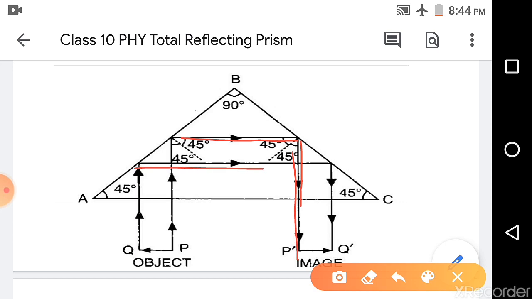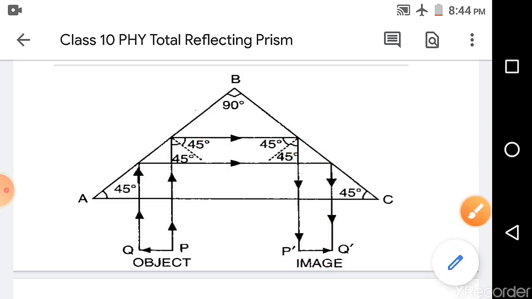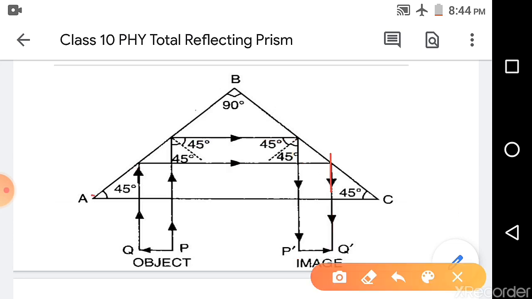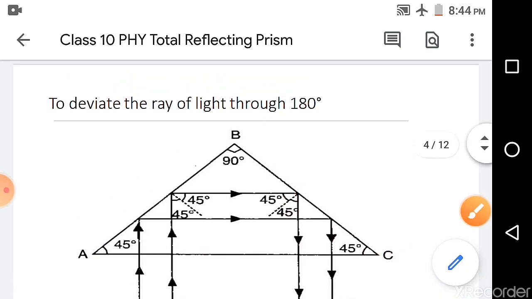The same thing happens for this reflected ray also. It is reflected toward this, and it is incident normally on the surface AC while emerging out from the prism.